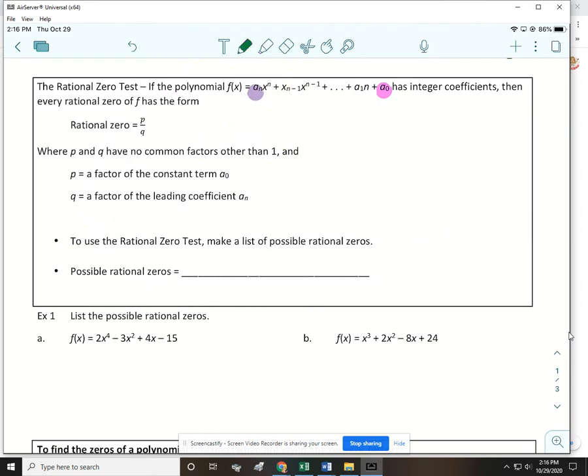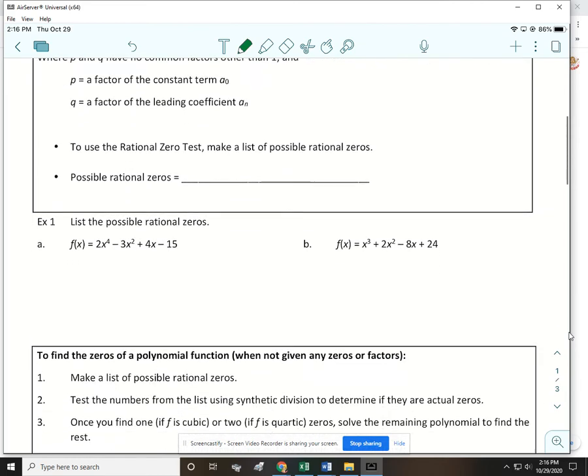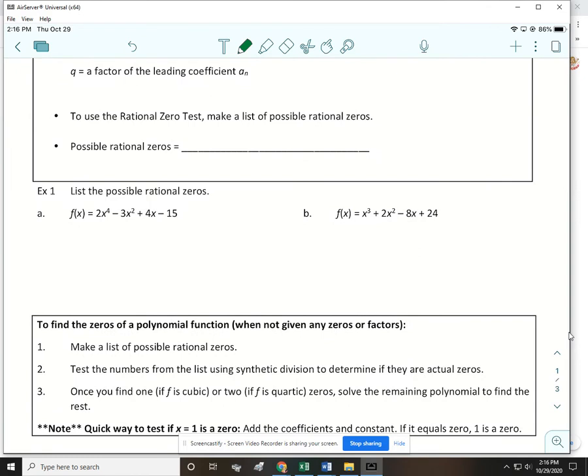So we use this rational zero test to make a list of the possible rational zeros. A rational number is a number that can be written as an integer over an integer. So what we do is list all of the factors of the constant over all of the factors of the leading coefficient.